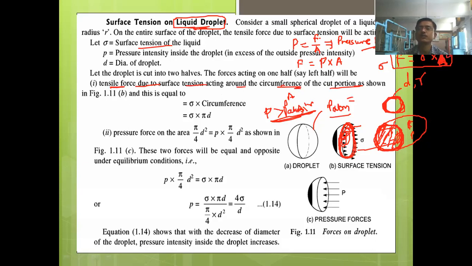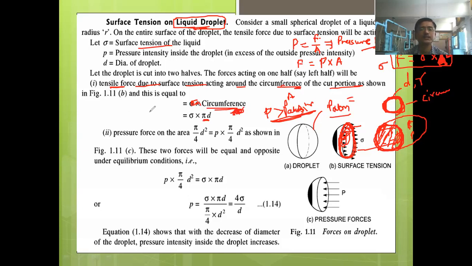Tensile force is equal to F per unit length. So what is the length here? It is the length of this entire circle, and we call this length of the circle the circumference. So here you can say that tensile force is equal to sigma, that is surface tension, into circumference of the circle. And what is the formula of circumference of circle? It is pi into d, or 2 pi r, right?